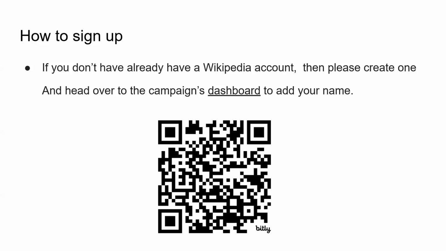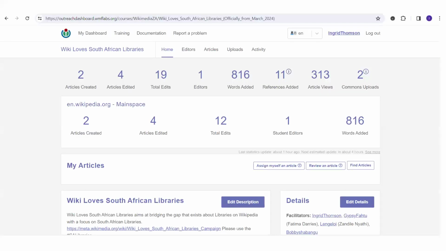The campaign's dashboard is from Wikipedia, and we can use that to track how many edits or contributions have been made. Next. That's what it looks like, and it'll run until the 10th of July. Next.